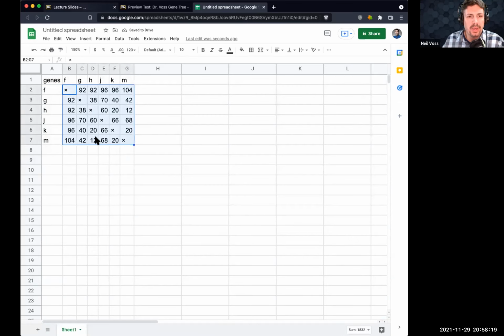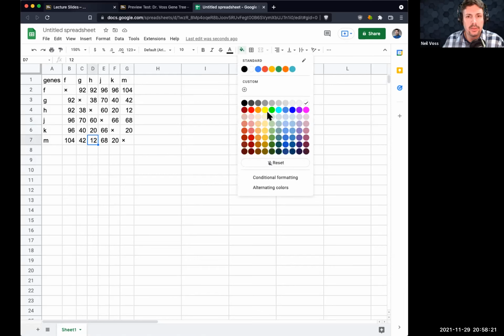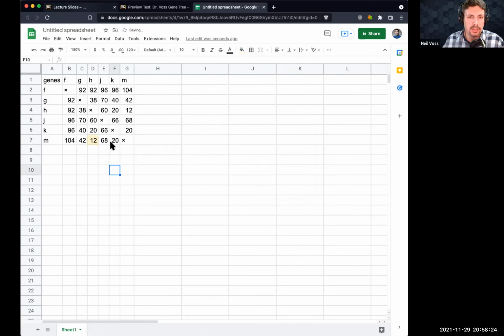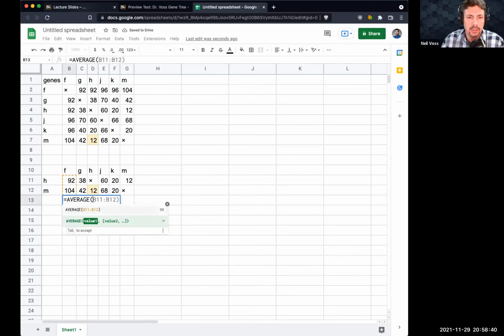All right, so I picked out that one as the smallest. So I'm going to be merging the H and M rows. One strategy I thought about is you can take the rows and copy them out, and then just do an average. Yeah, that's what I wanted.